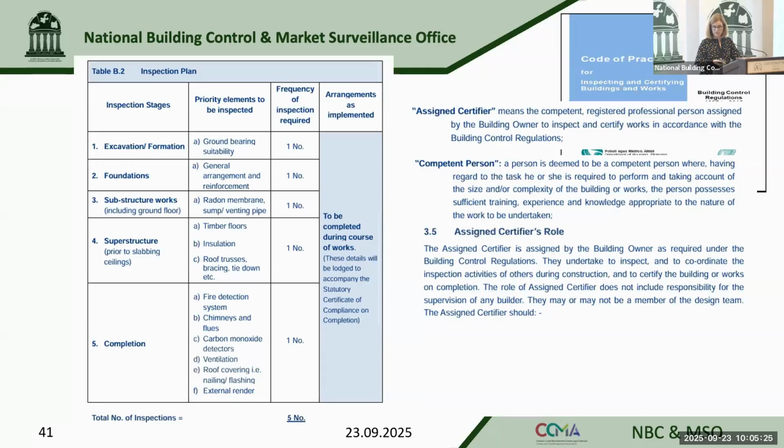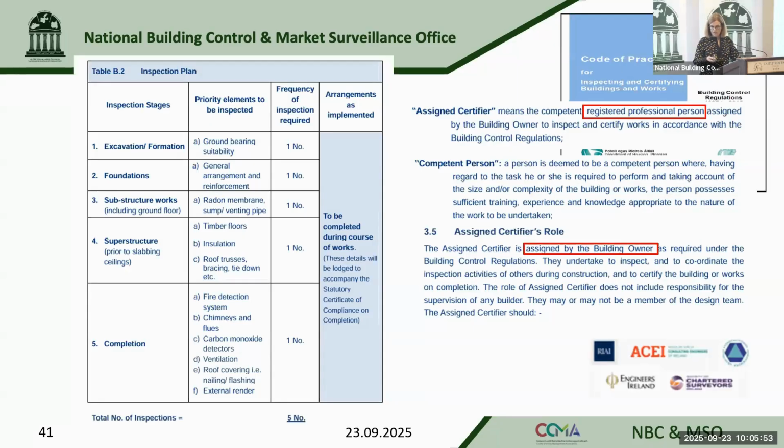And the word competent is also, as Mairead said, competent for the building or works at hand. And the assigned certifier is assigned by the building owner as required under the building control regulations. And they undertake, when signing their undertaking, to inspect and to coordinate the inspection activities of others during construction and to certify the building or works on completion. So there we go, they are the registered professional assigned by the building owner in summary.